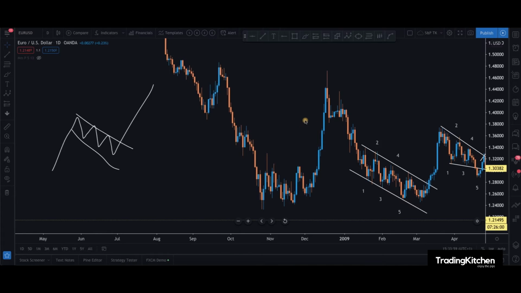I want to show you how this pattern works in reality, because there are so many variations of this pattern. Why are there so many variations? Because market movers, institutionals know that this is one of the most profitable patterns, and so they want to make it dirty.